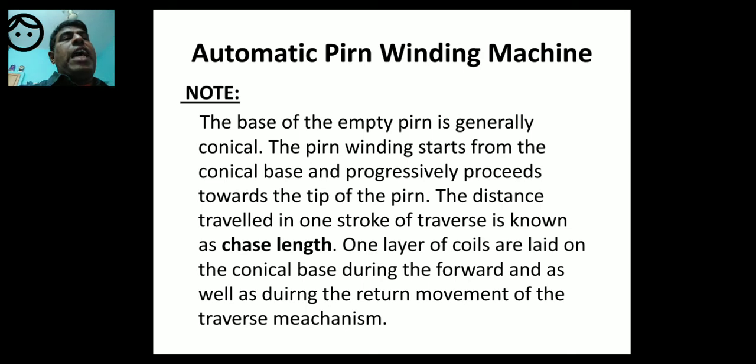One layer of coils is laid on the conical base during the forward as well as during the return movement of the traverse mechanism. So during the forward movement and the backward movement, the layers of coils of weft are laid onto the pern. So the distance travelled in one stroke of traverse is known as chase length. This is the important point.